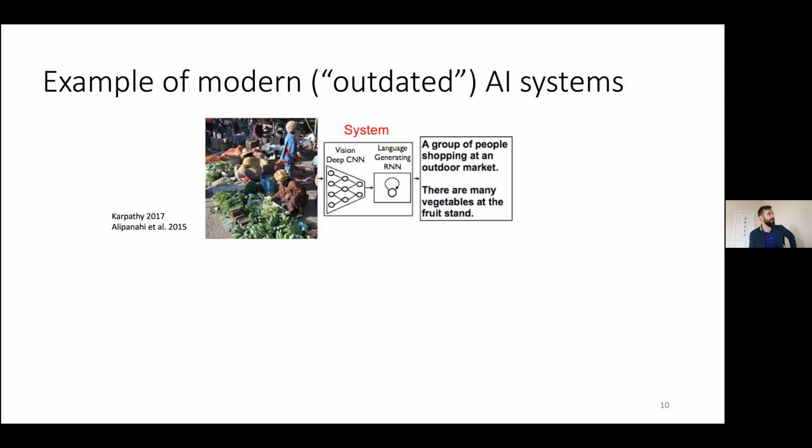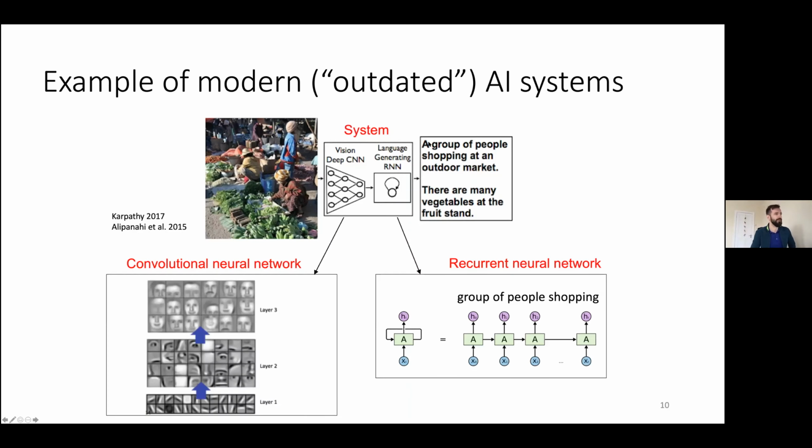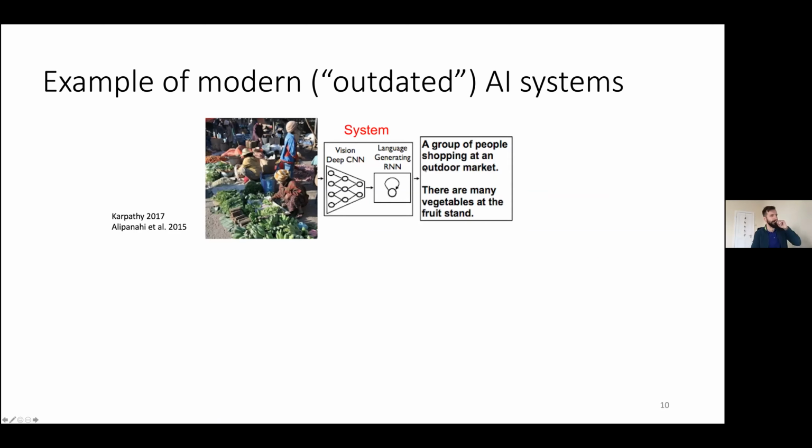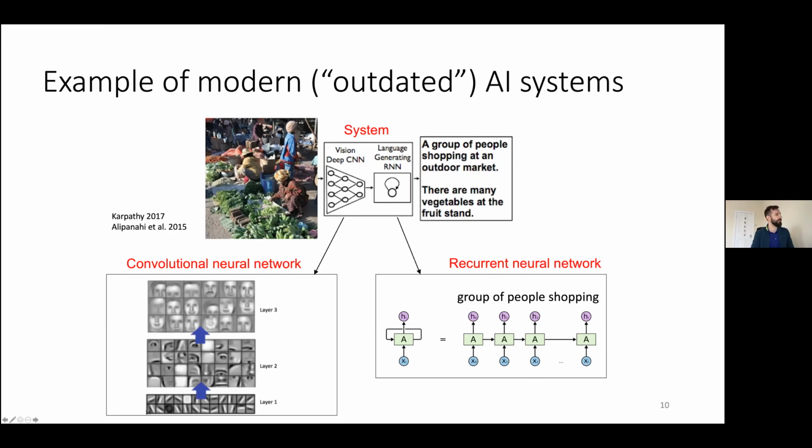If you pass this picture through an AI system, it tells you, a group of people shopping at an outdoor market. There are many vegetables and a fruit stand. This is quite amazing, that without any human input, this neural network generated this text.